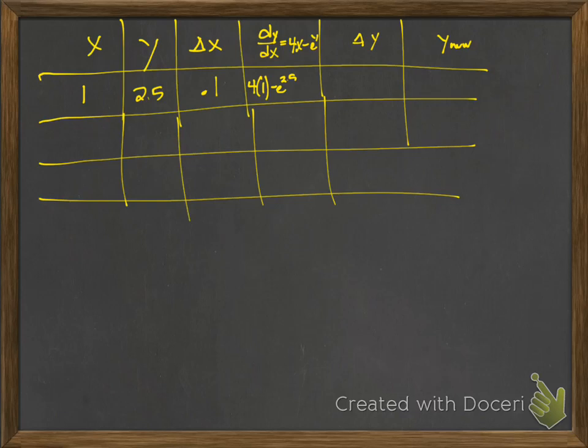That's dy dx, whatever we got there, times delta x, which is a fixed value, 0.1 right now. So I'm going to take this number, negative 8.1824, maybe 25 if I round a little bit, and put 0.1 in there. That's how we're going to get delta y.